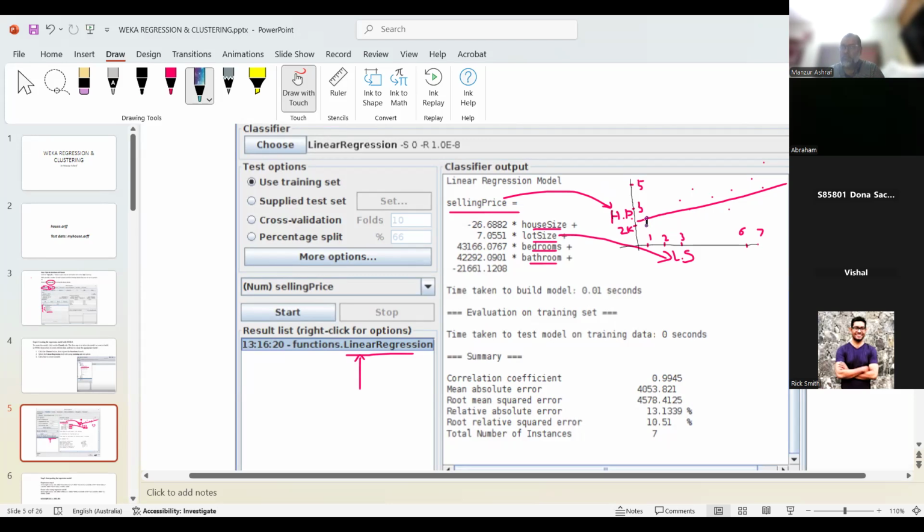So this distance is actually the error. Does it make sense, everyone? This black line is actually the error. Error means the mistake that our program made in identifying a point. Does it make sense, everyone, about the black line?